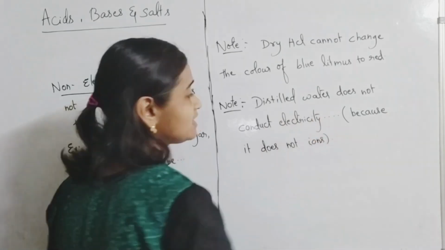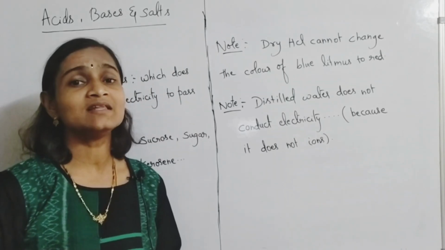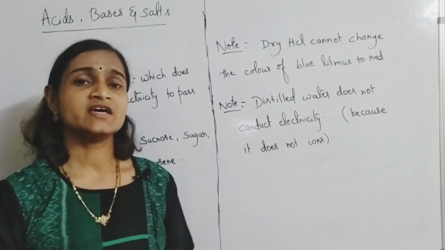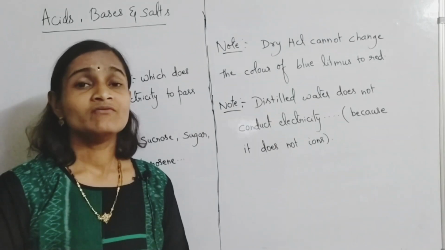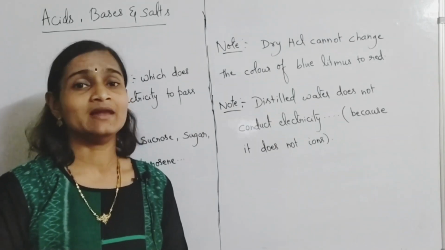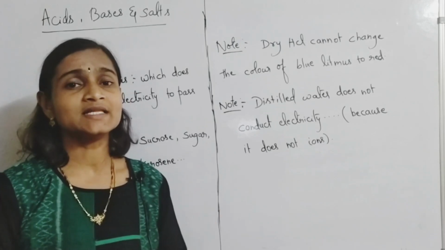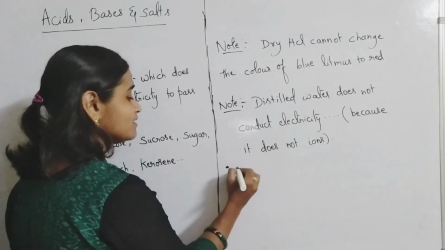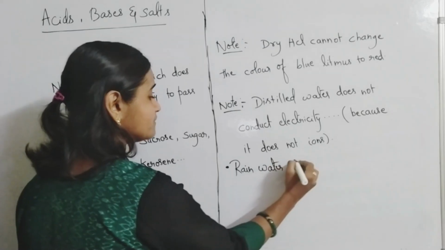If ions are there, ions will be moving from one place to another place, which results in the current conduction. But distilled water does not have any ions, whereas rainwater can conduct very well. Please remember this point.